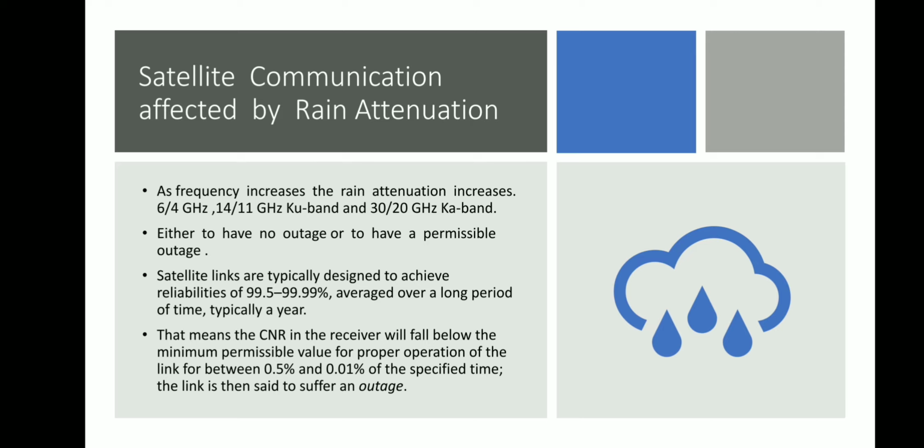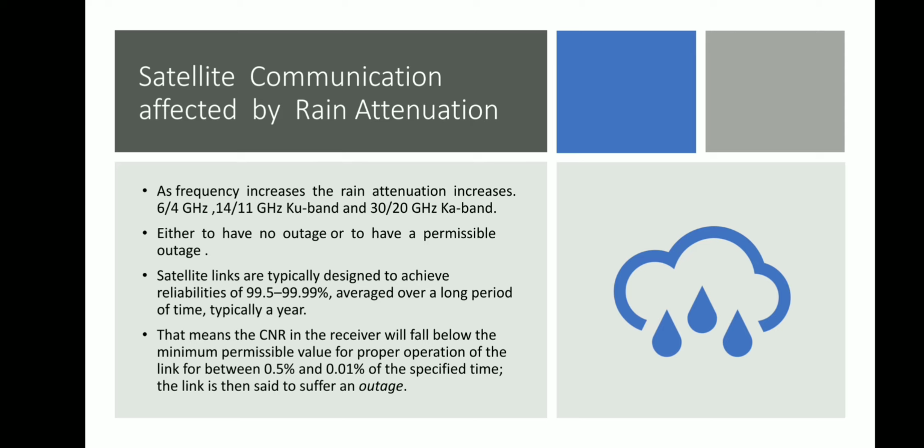And if you see here, the value is 99.5 to 99.99. That means 0.5% to 0.01% is something that we are tolerating the outages for in a complete year. So this means that the CNR in the receiver will fall below the minimum permissible value for proper operation of the link for between 0.5 to 0.01% of the specified time.